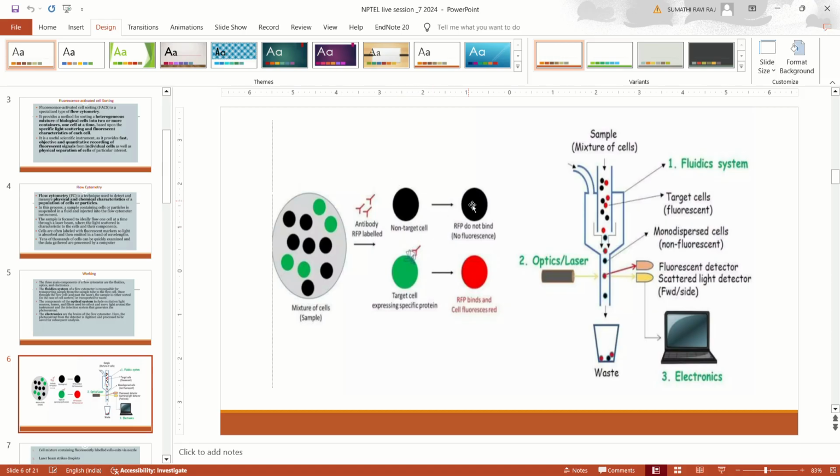The non-target cells will not have this antibody attached to them, so they will not have any fluorescence, but your target cells which have now been bound by the antibodies tagged by fluorophores will emit fluorescence when hit by a source light of a particular wavelength. Okay, now this mixture you will load into your flow cytometry system.